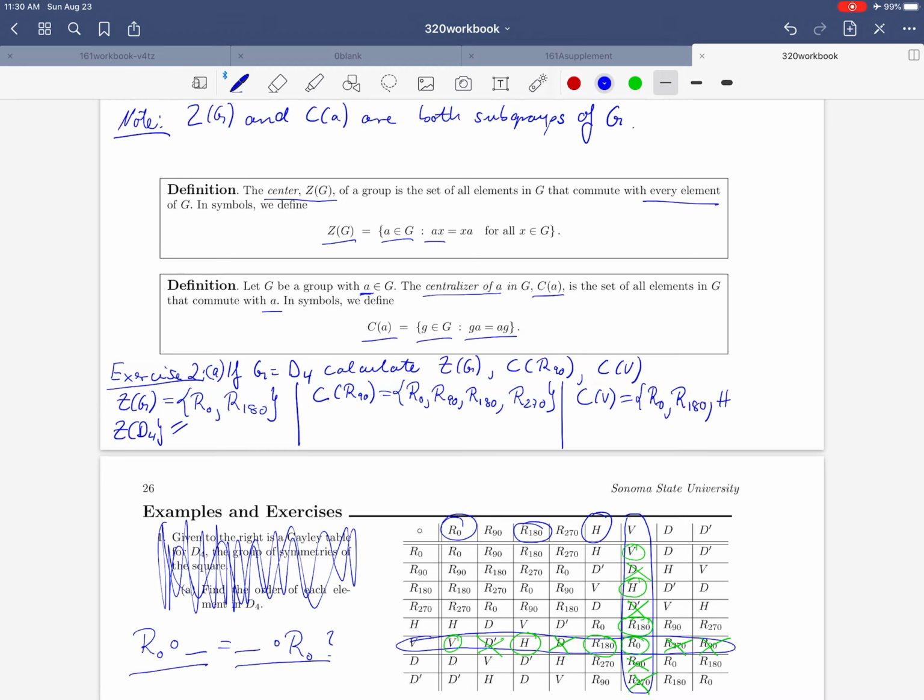And is there anything else? It also has V in it. V composed with V is V composed with V, so that element is in there anyway. But that's it. Those were the elements in the centralizer of V.